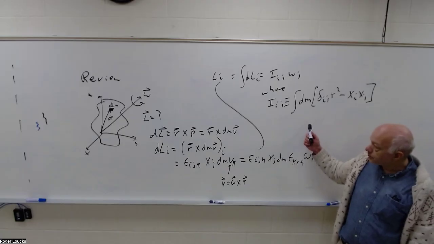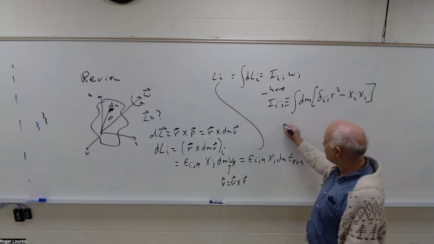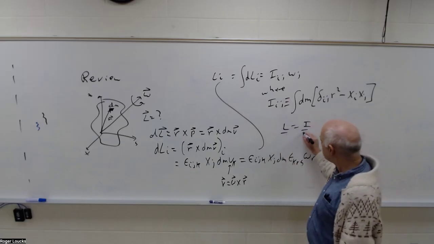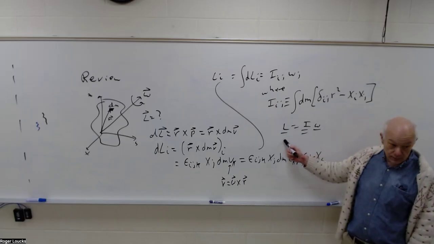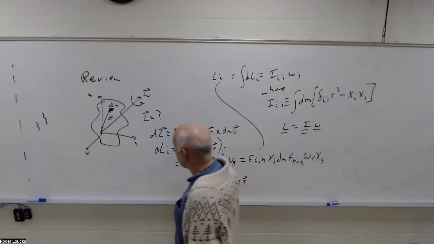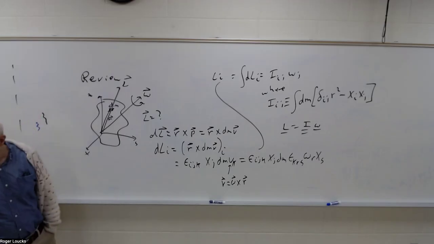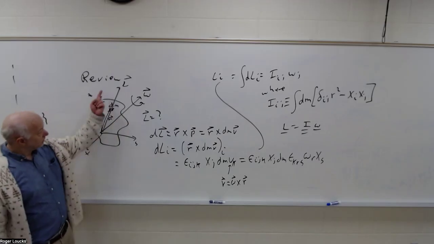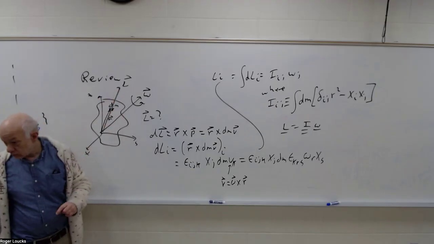And the one thing you can see with this, when we write it in terms of a matrix, is that the direction of omega and the direction of L need not be the same. Our L vector might go like this, so when this thing rotates, that L vector is going to rotate about here. These don't have to be in the same direction.